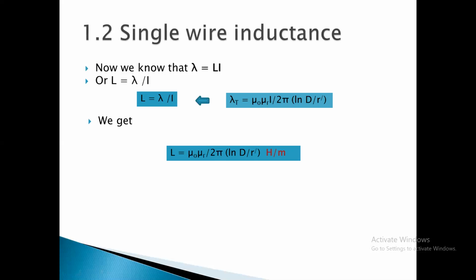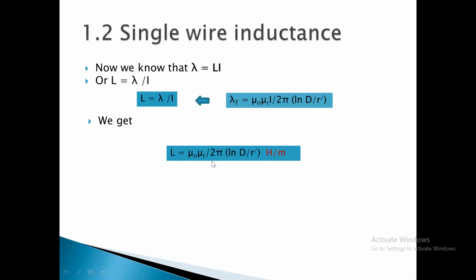So today we know that if I want to calculate the inductance, I don't need current. You must know this. I just need to know the distance, the radius, the geometric mean radius, and only these things.